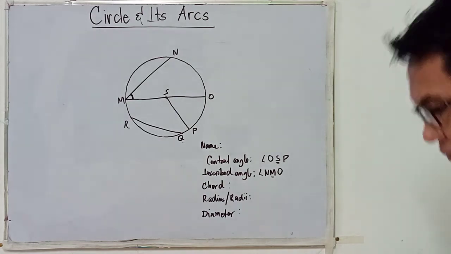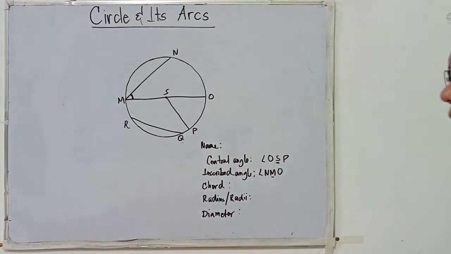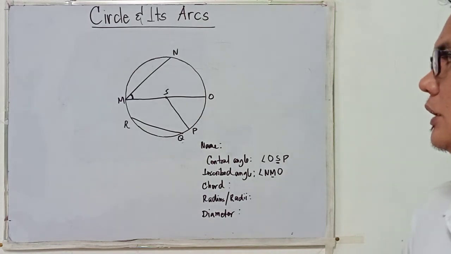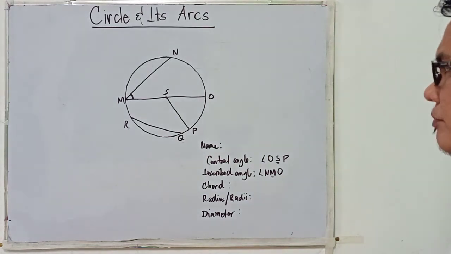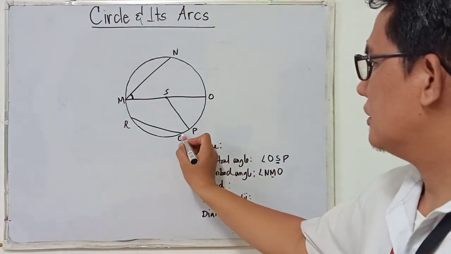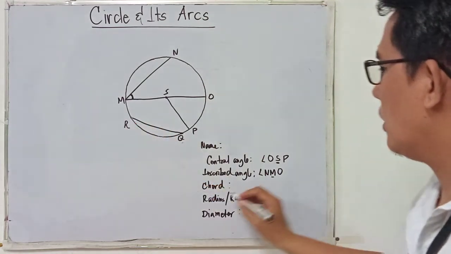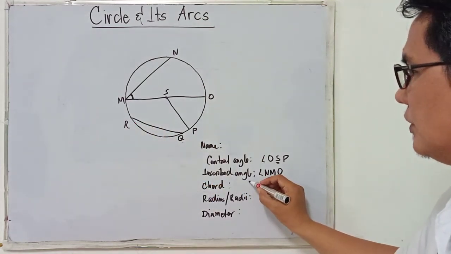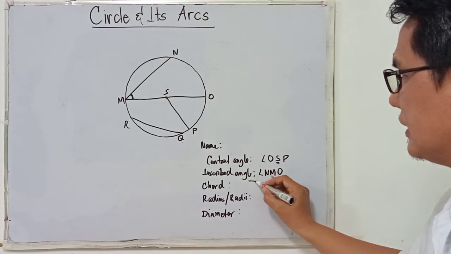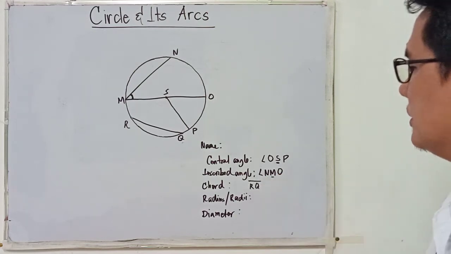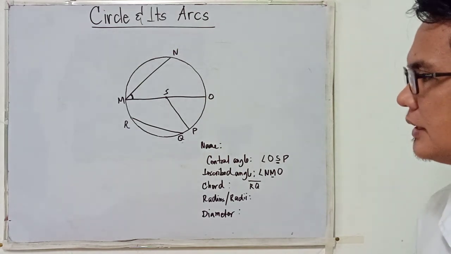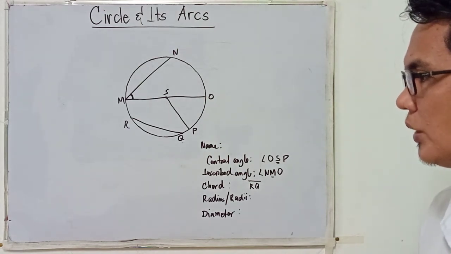Chord. A chord is a part of a circle in which its endpoints can be found at the circumference. So here and here, we have chord RQ. Do we have another chord?